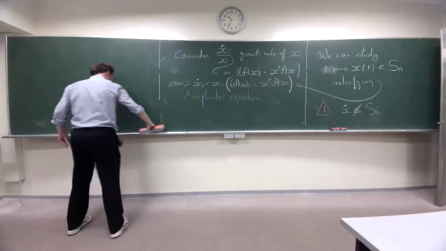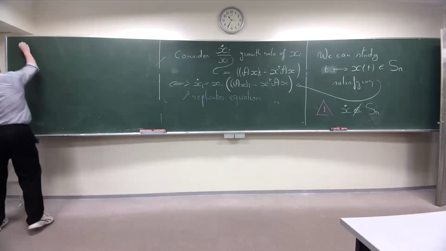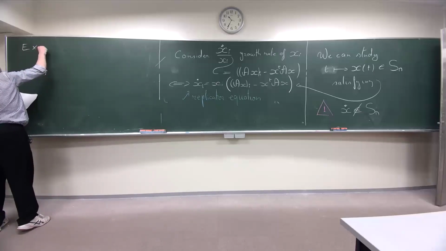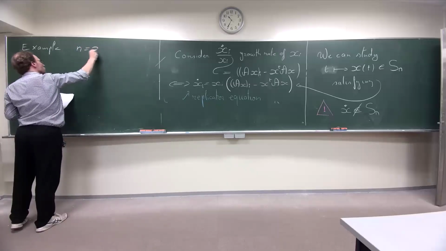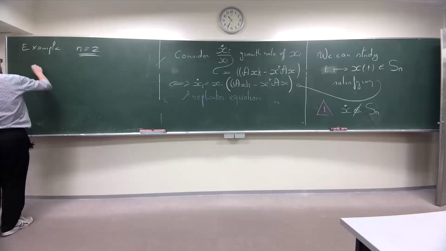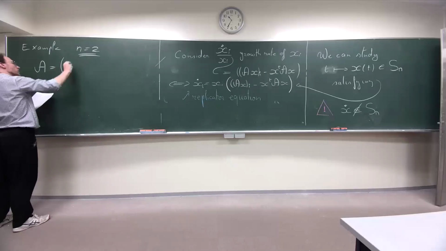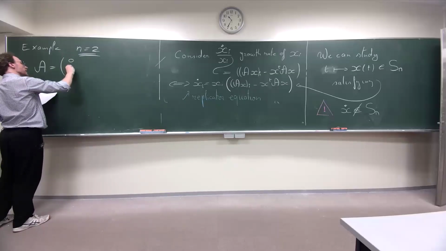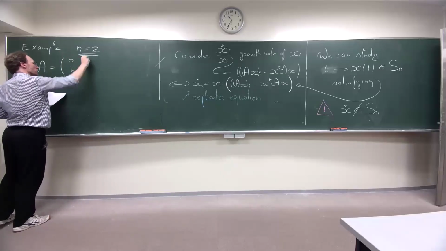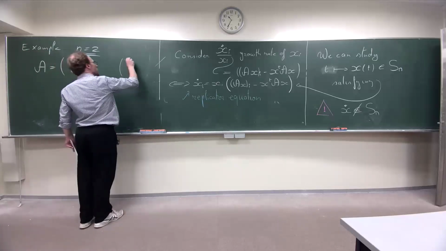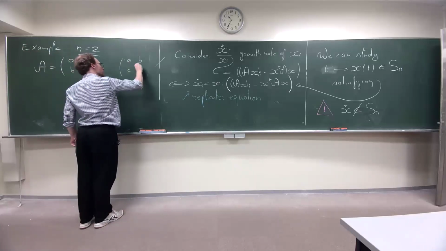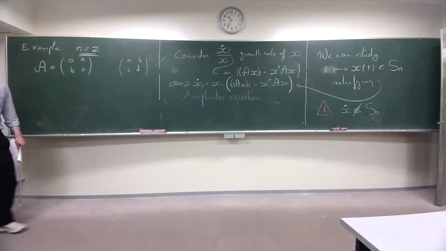When n is 2, which is not completely trivial, I'm claiming that the most general matrix has this form, 0 b, a 0. Why can I put 0 on the diagonal? This is an exercise. You can start with a matrix A, B, C, D. This would be the most general 2x2 matrix.